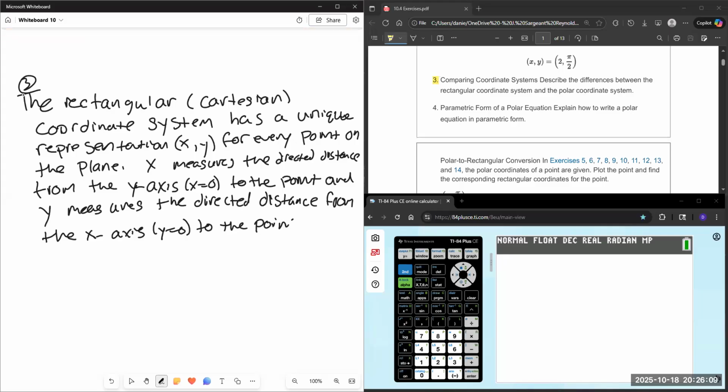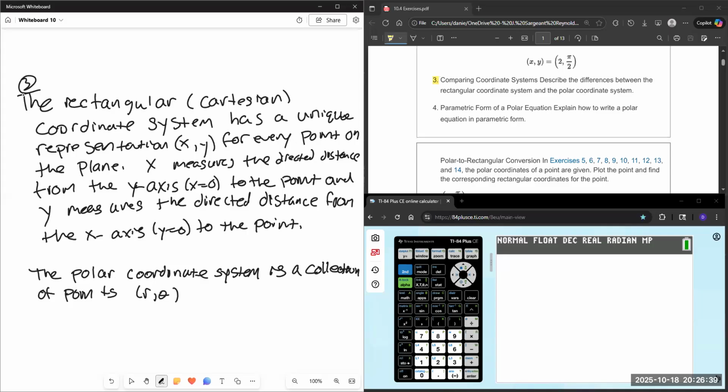We've already defined the components of the polar coordinate system. The polar coordinate system is a collection of points r theta, with r and theta as defined in problem number 1.